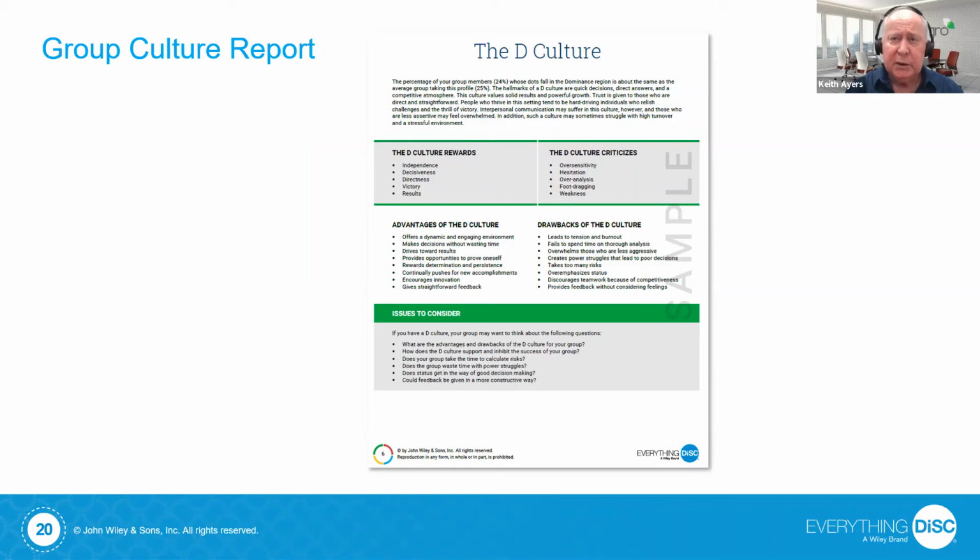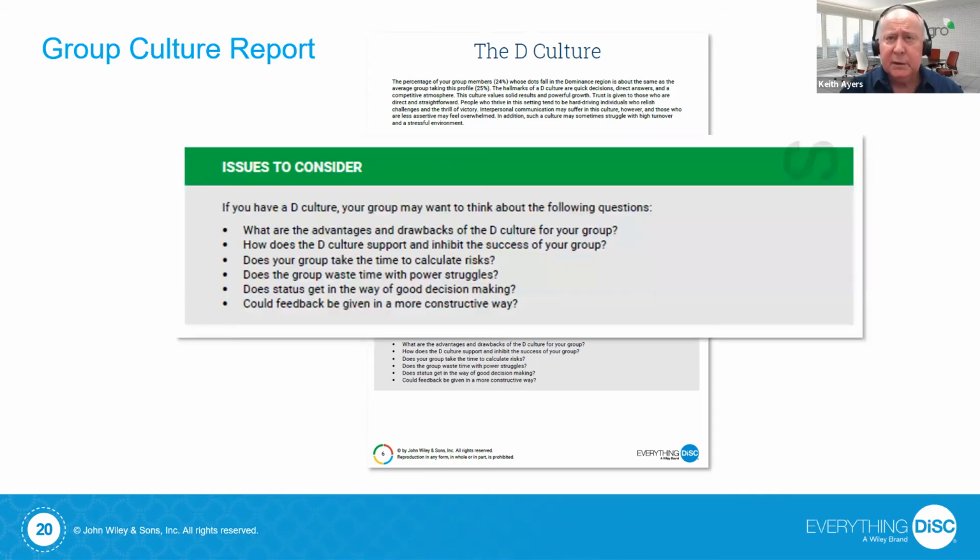So what do we do with this? Well, if you're working with a group that has a primary D culture, these questions at the bottom of the screen, you can break the group into smaller chunks to discuss. What are the advantages and drawbacks of D culture? How does it support and inhibit the success of the group?